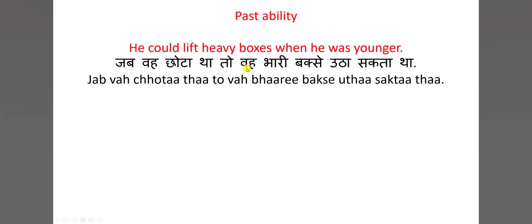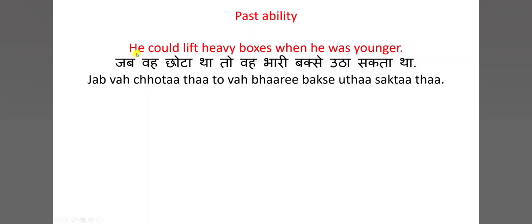All right, right now do not worry about this part and this part. Okay, वह is he, भारी is heavy, बक्से is boxes, उठा is lift, सकता था is could. Okay, सकता is selected according to he, and tha is also selected according to he.